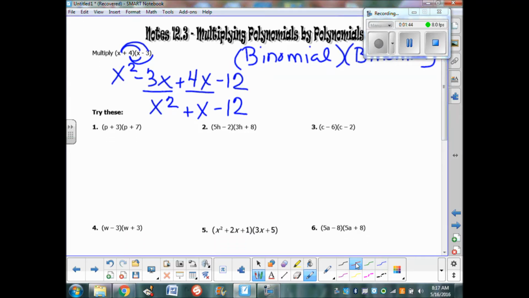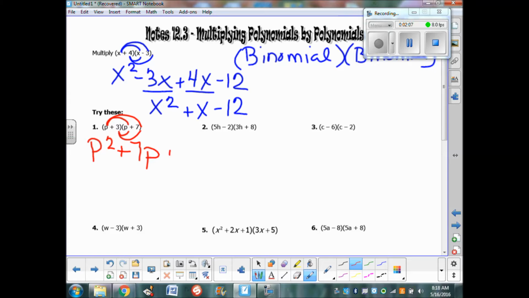It's the same idea. So I'm going to have to start off with p times p squared, plus p times 7, which is 7p. So that's the first set of distributing. Now I've got to multiply or distribute the 3 to everything that's after it.